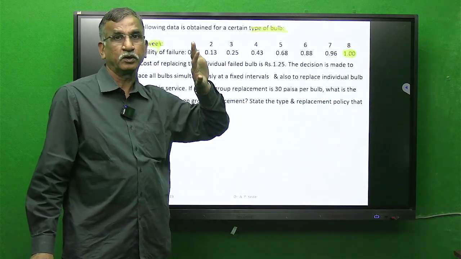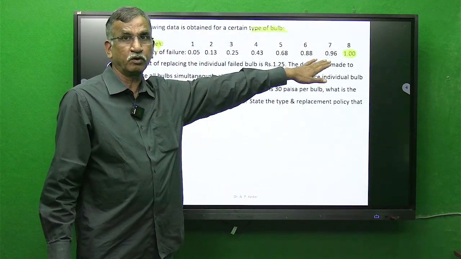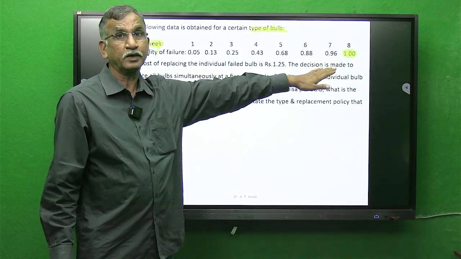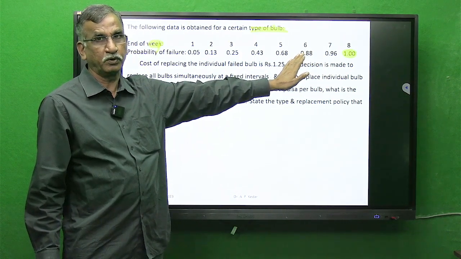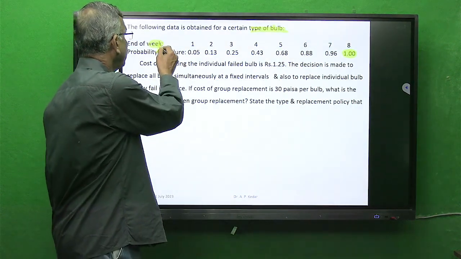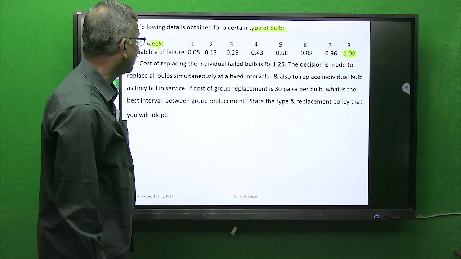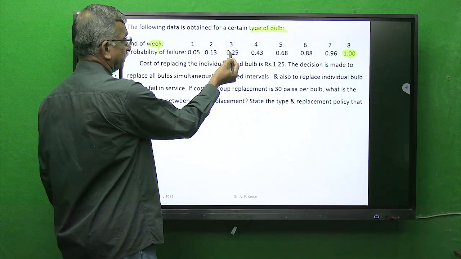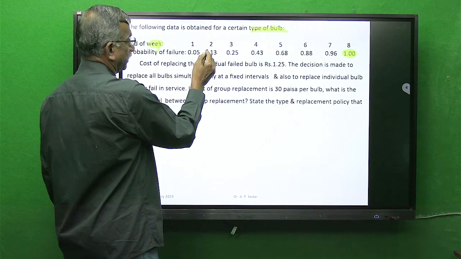If this is the way the data is given in the problem, we have to calculate individual failure in the respective time period. So here we need to calculate pk of the respective week. How will we do that? Second minus first, third minus second, like that.